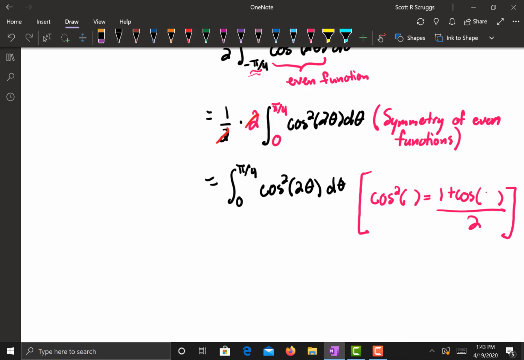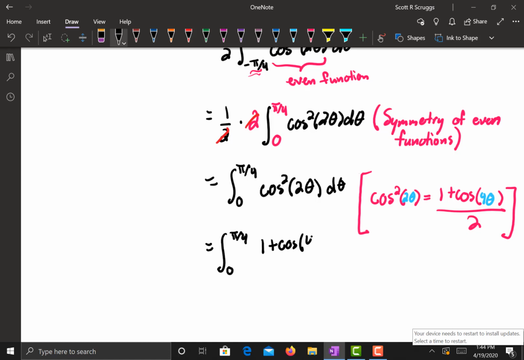But I can adjust for if my angle is 2 theta by scaling everything by multiplying it by 2. Meaning cosine squared of 2 theta, by our half angle formula, equals 1 plus cosine of 4 theta, divided by 2, d theta.